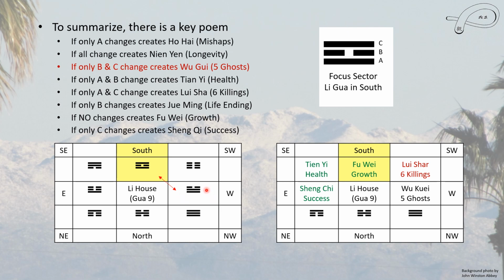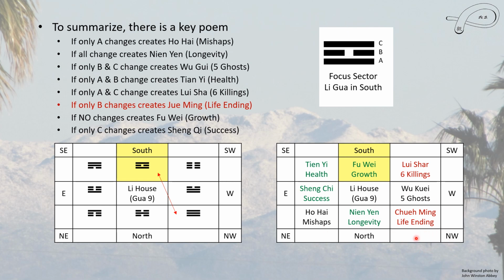The middle and the top, so that's B and C. So that's how you get the 5 ghosts. Here we have just the bottom change, so only A changes. So that's how you get Wu Gui. Here, everything flips. So that's how you get longevity. And then finally, only B changes. So that's how you get the Life Ending, the Jue Ming.